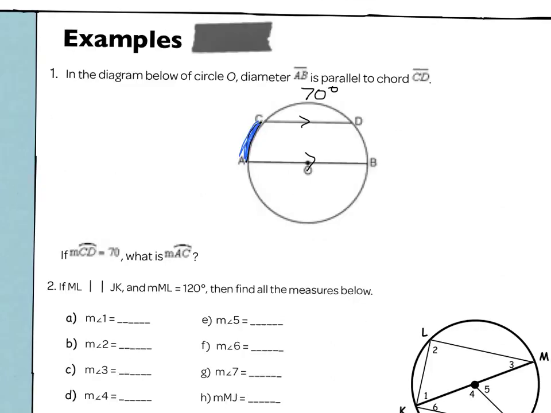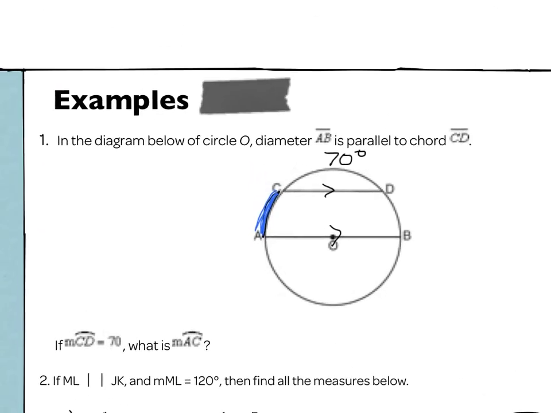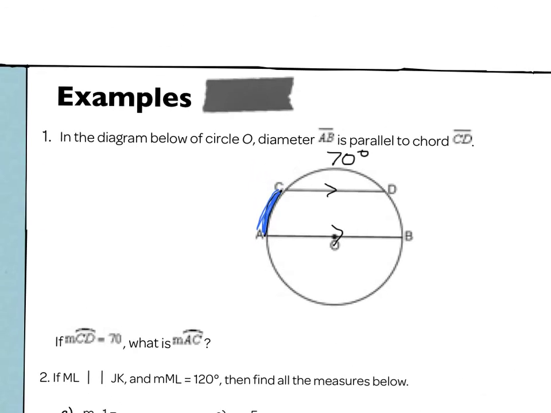Okay, so this question may trick you a little bit, but it's pretty simple. So just think about something. You know that arc AB is 180 because AB is the diameter. So now all you have to do is this. You want to take 180, you want to subtract 70. Why are you doing that? Because you want to find out what the leftover is, right?